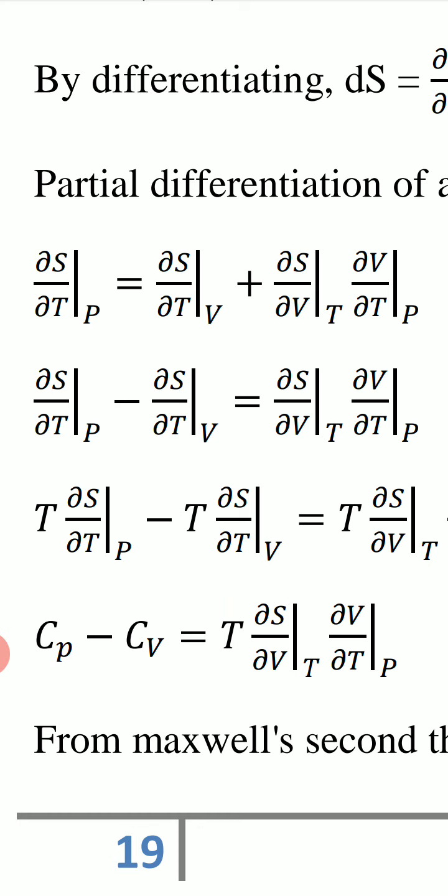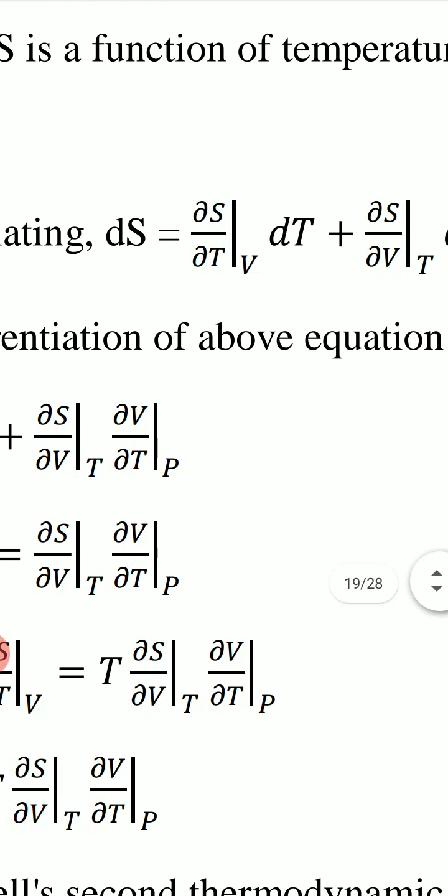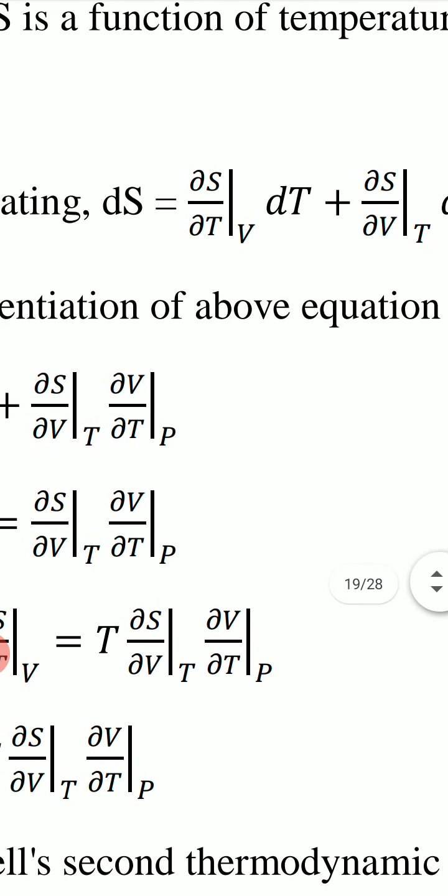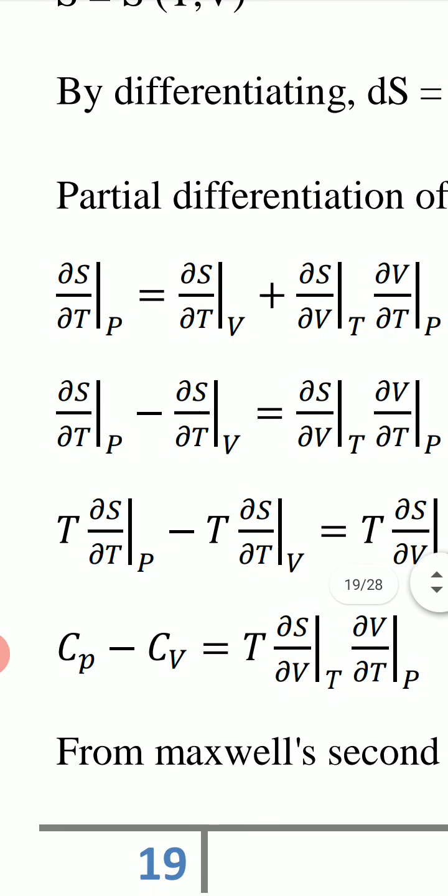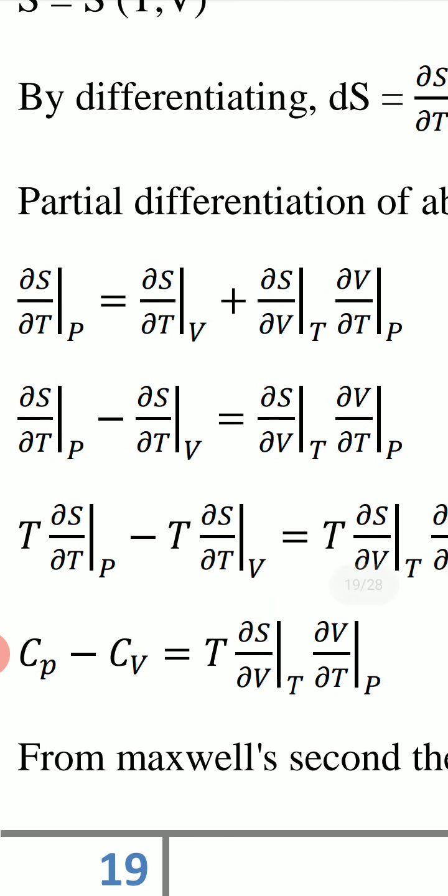So partial differentiation of this equation with respect to T at constant P gives this relation. Now we have delta S upon delta T at constant P minus delta S upon delta T at constant V equal to delta S upon delta V at constant T into delta V upon delta T at constant P.